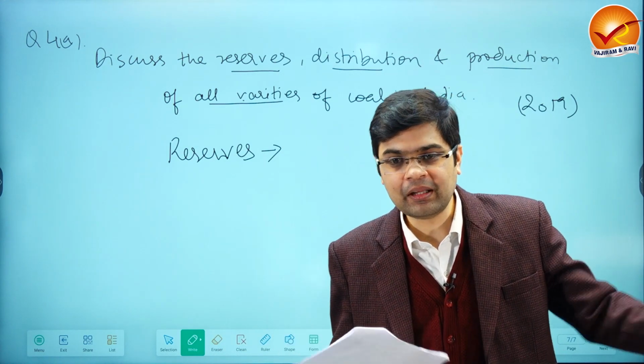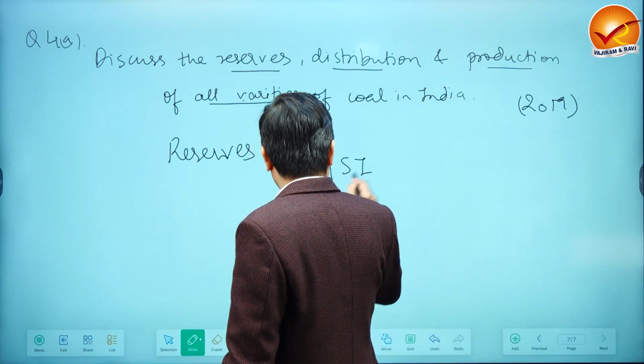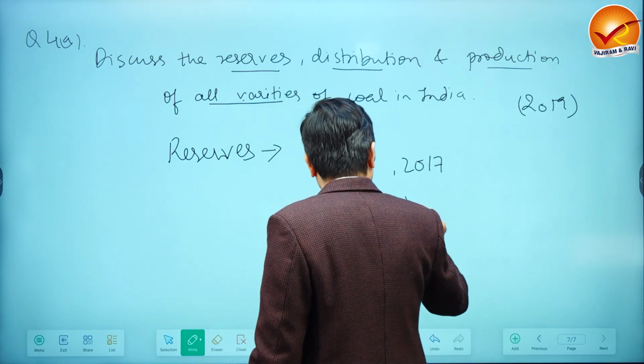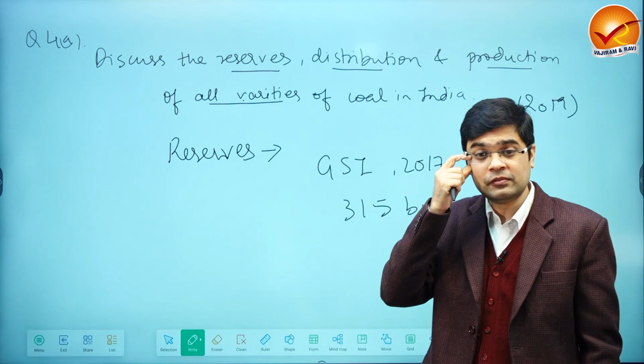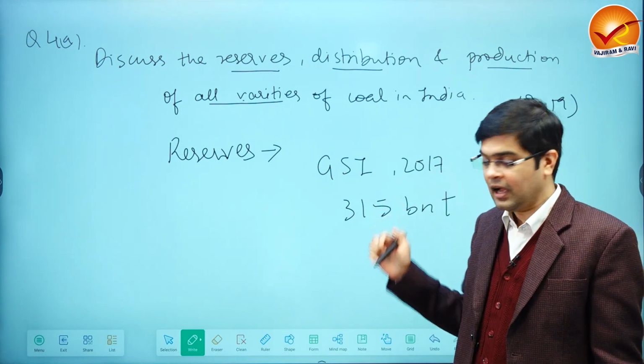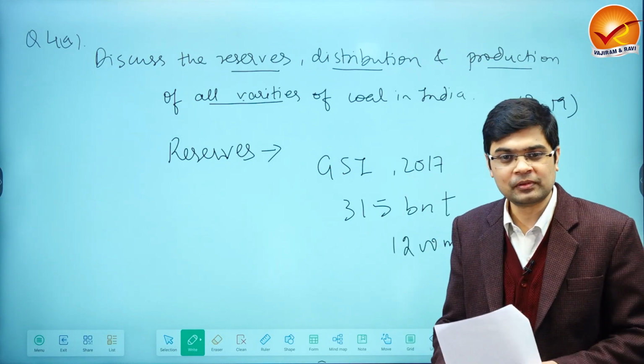अच्छा आपको एक बताया था मैंने that according to Geological Survey of India 2017 we have 315 billion tons of coal reserves up to depth of 1200 meters. याद है आप लोग को?